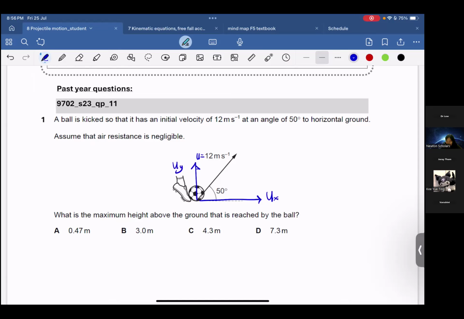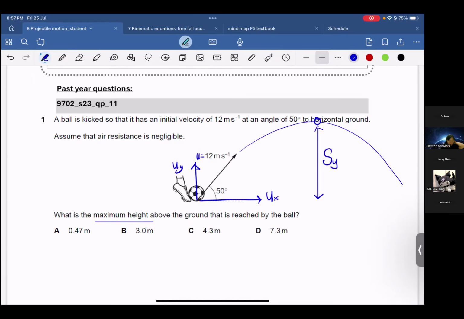What is the maximum height? That means it will go up, something like this. We want to find this maximum height. I can label it as SY because it's vertical maximum height.